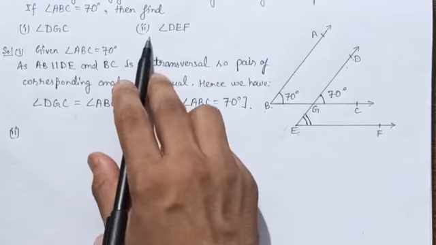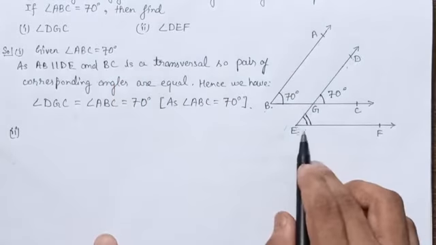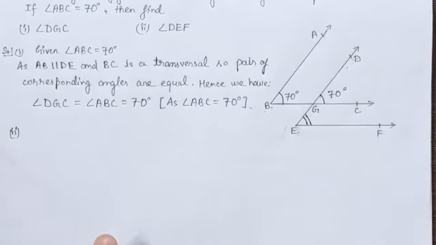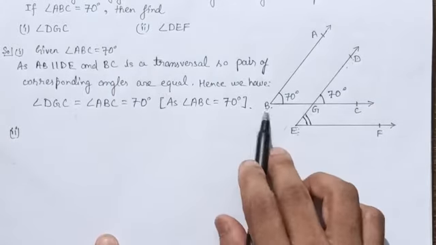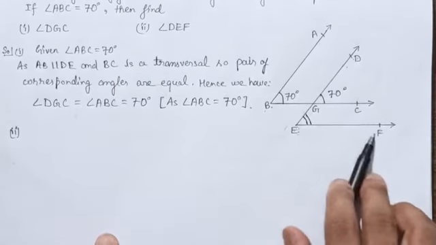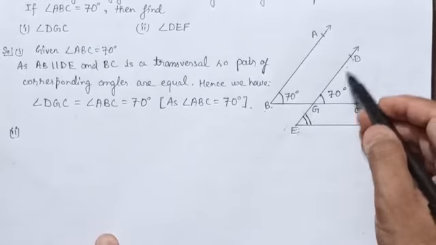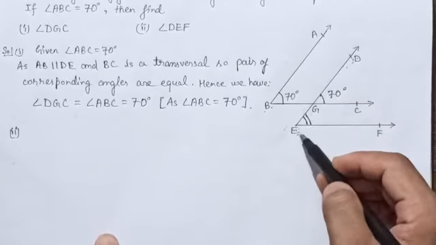Now in the second part, we have to find the value of DEF, that is this angle DEF. Again you can see that BC and EF are two parallel lines and DE is a transversal to it.